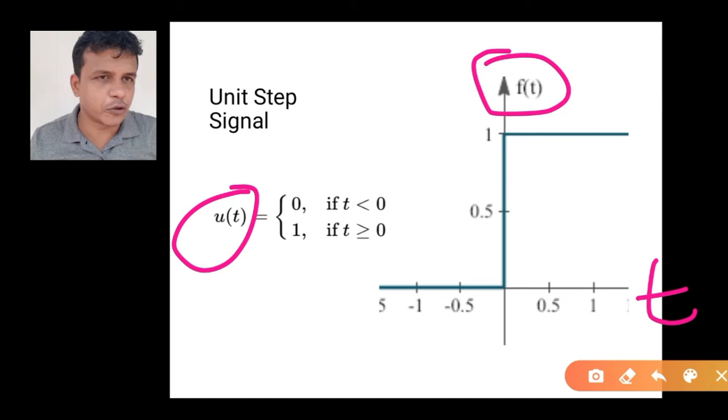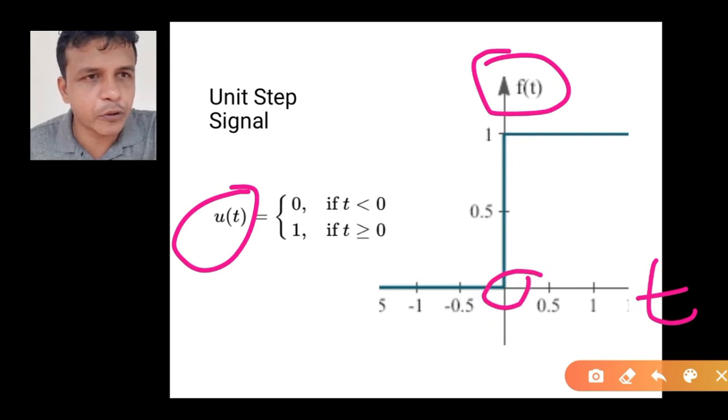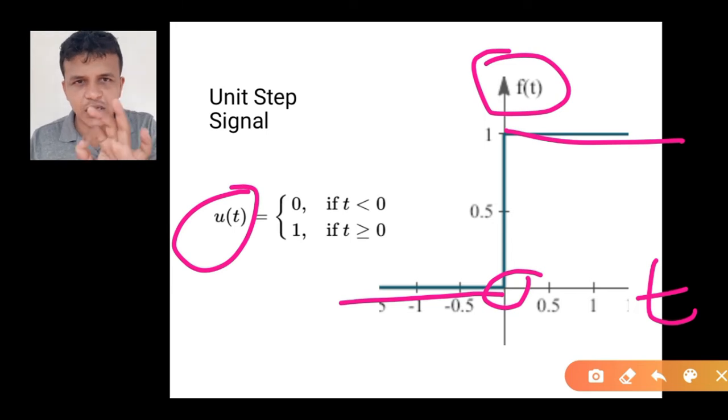We can take any notation, so it may vary from figure to figure. For t greater than or equal to 0, the amplitude becomes 1. For t less than 0, the amplitude is 0. This is the unit step signal.